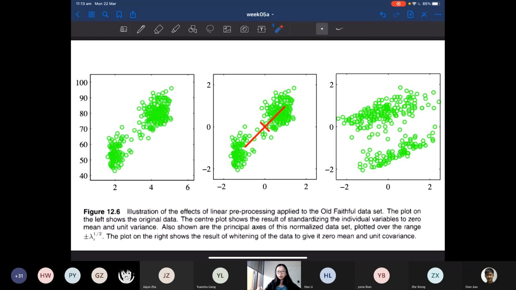And after the transformation, the whole data set gets stretched, right? So this dimension will become the Y dimension where there's a spread between the two clusters, and this dimension is where the within cluster spread is. And the whole data set now looks more ball-like.